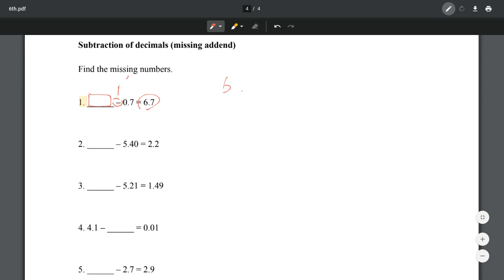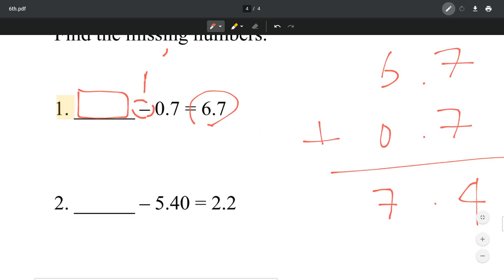We do 6.7 plus 0.7. 7 plus 7, that's 14. You put a decimal point. 6 plus 1, that's 7.4.